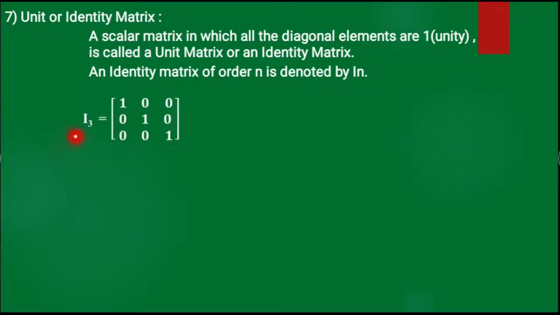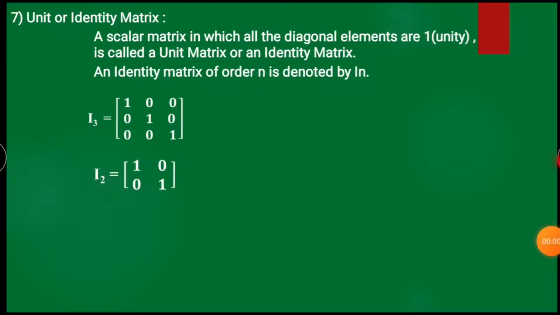So see here, I3 equals, so this is a matrix of order 3 by 3, so we denote it by I3 and all the diagonal elements of this scalar matrix are 1. So this is the unit matrix of order 3. Then for the next example we consider I2, that means unit matrix of order 2, and the elements of the diagonal are 1.